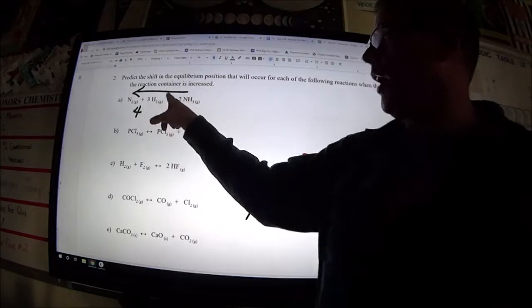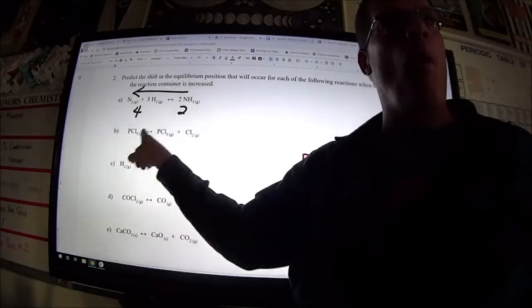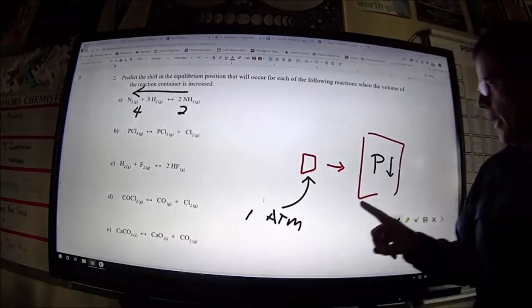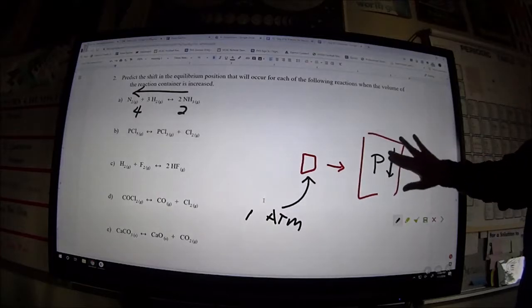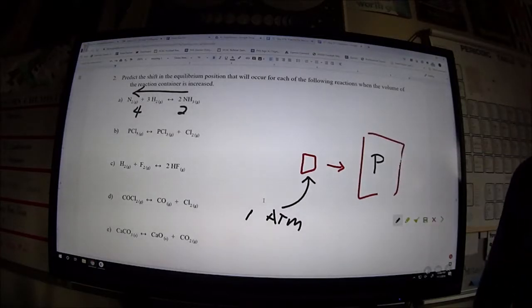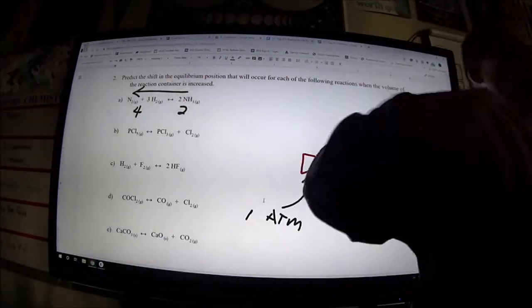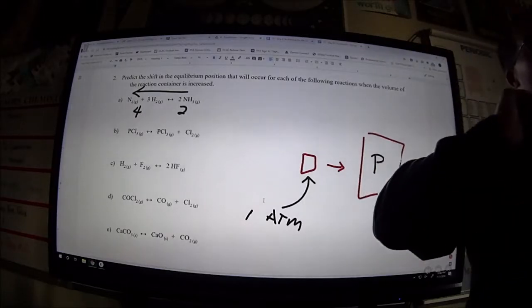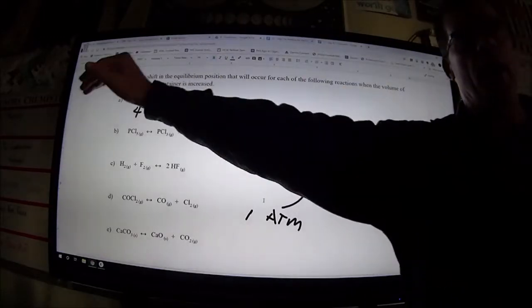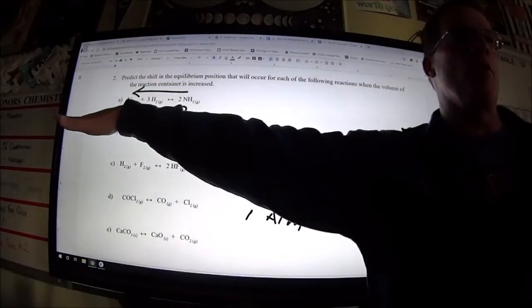I'm going to shift to the side that would form more particles, so by adding more particles, my pressure comes back to where it should be. So that's saying the rate at which products change to reactants will be greater. That's what the shift is. Whenever we talk about shift left or shift right, we're talking about the rate after the change being greater for that direction.